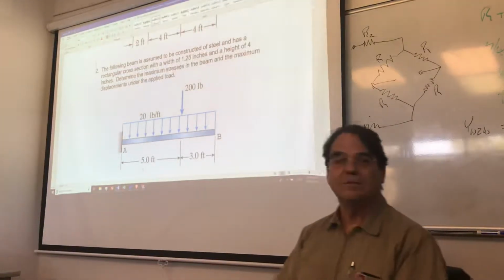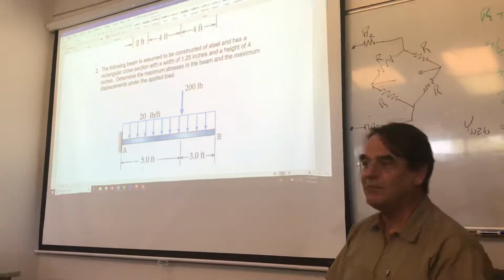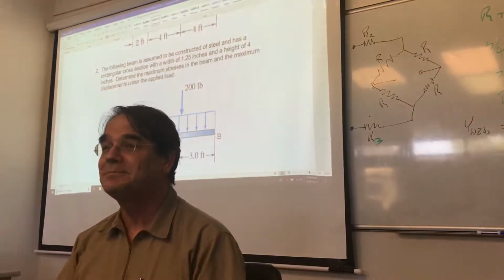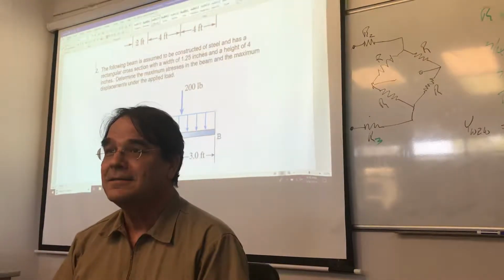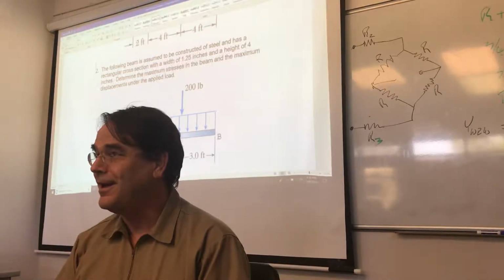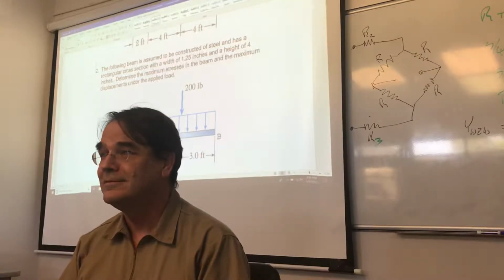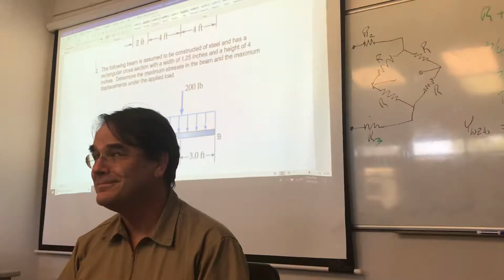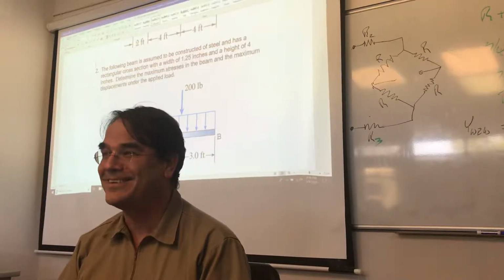Now there's a problem with this. Just a minor problem, but there is a problem. And that is that when I dig into my cross sections, I'm not going to find a 4 by 1 1/4 rectangle. Oh, that's where the custom comes in.